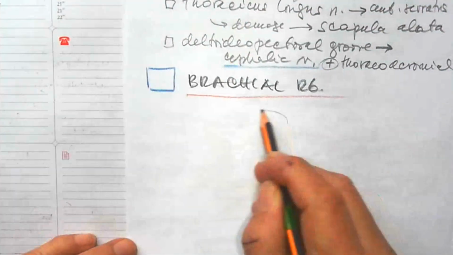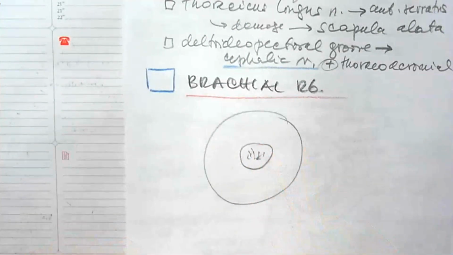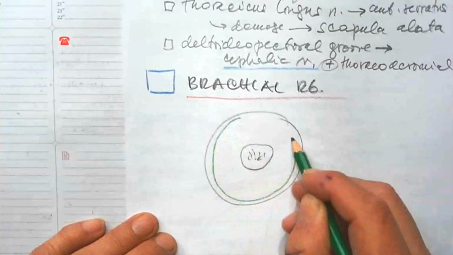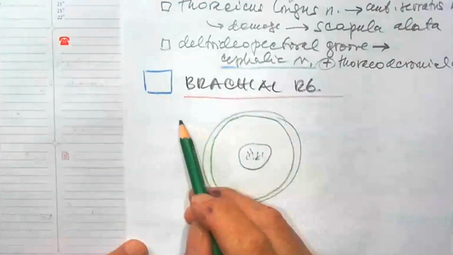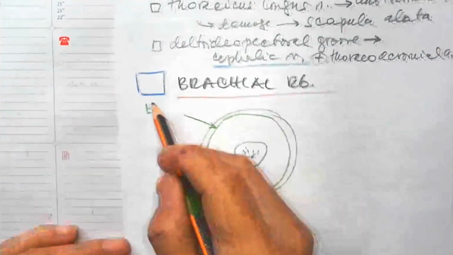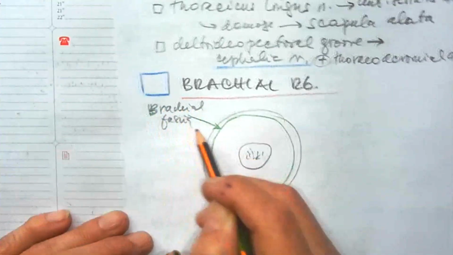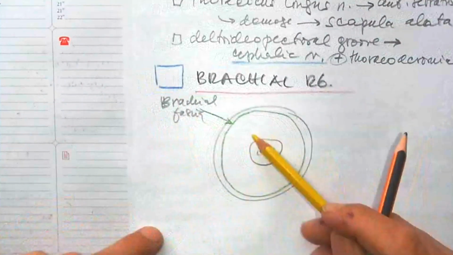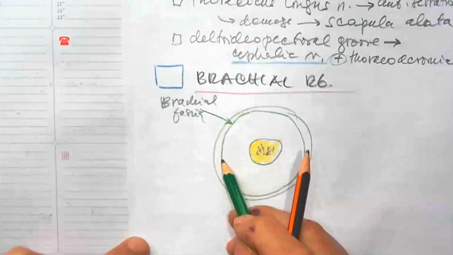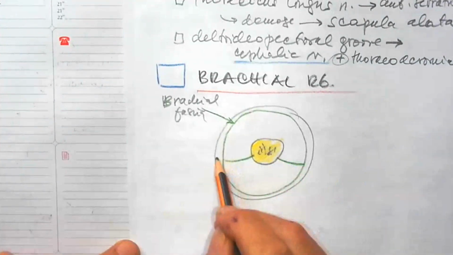We remember that section, just sketching with the humerus at the center. Then the fascia, the brachial fascia, fascia brachialis. And we also know that this fascia sends two septa to the humerus, situated medially and laterally. So we see the septa. We can name just one.